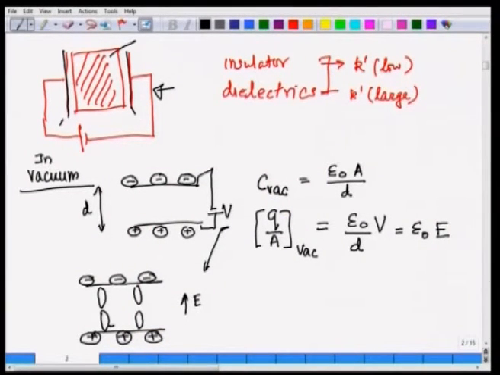The consequence is, the center of negative charge moves here, the center of positive charge moves here, and likewise for each molecule. That is what happens in the material which you inserted.